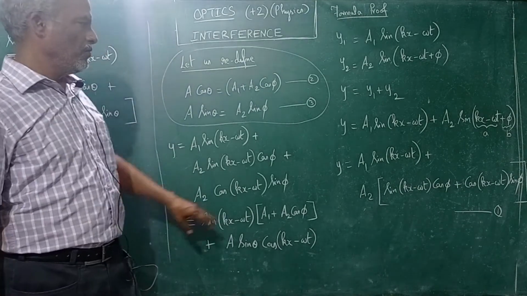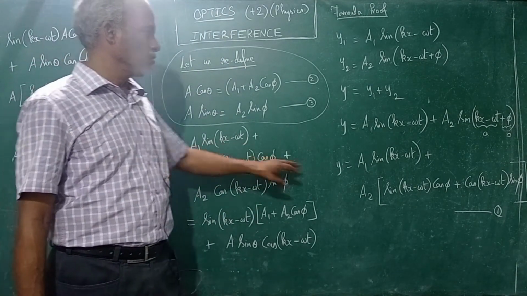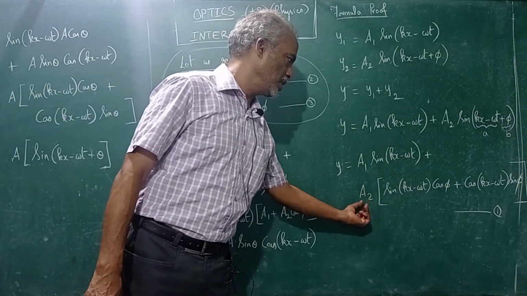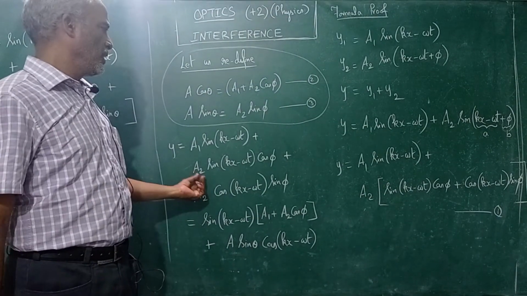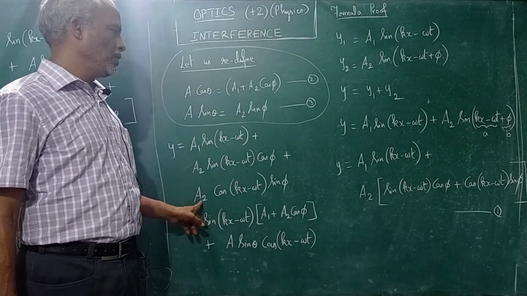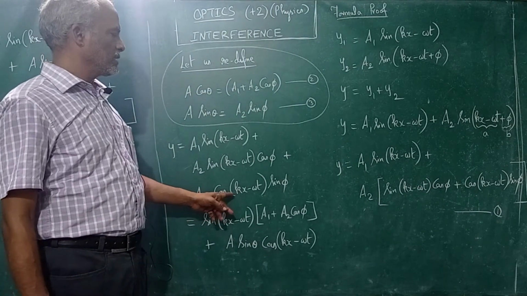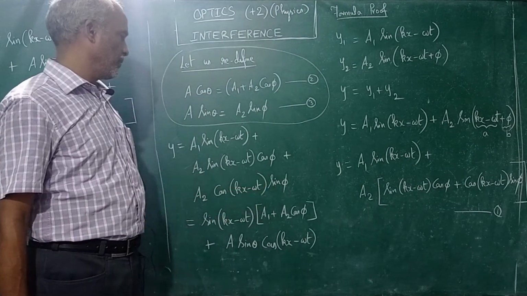Okay. Now from this equation we have a1 sin(kx minus omega t), the first term, plus this a2 is brought inside. So a2 sin(kx minus omega t) into cos phi plus a2 into the second term. So a2 cos(kx minus omega t) into sin phi.